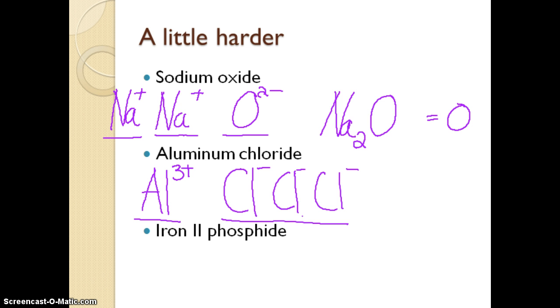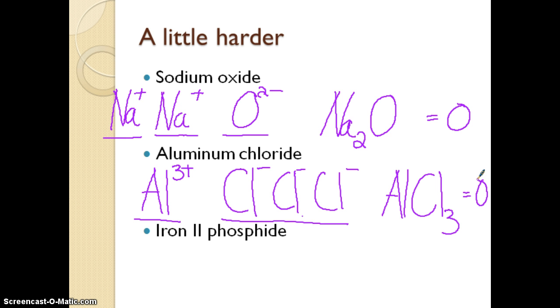I would have 3 being lost and 3 being gained. And so that's neutral. So I write the formula AlCl3, aluminum chloride. And together, that gives me a neutral compound.